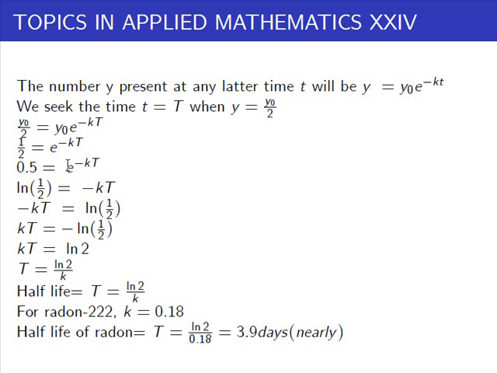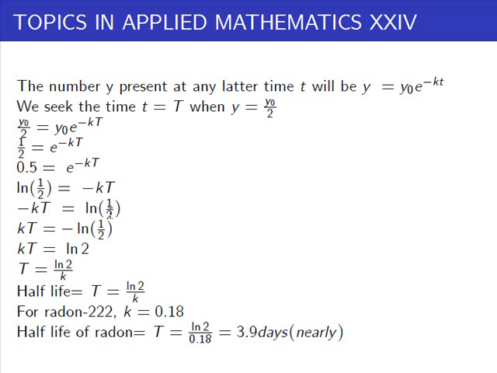We take logarithm on both sides, logarithm of 1 by 2, and on the right hand side the exponential function is removed. So logarithm of 1 by 2 is equal to minus kt.